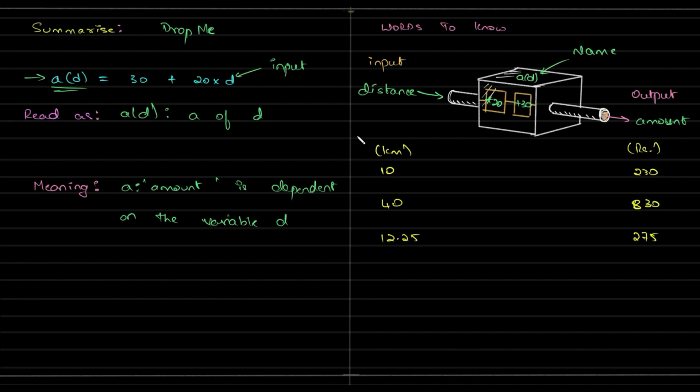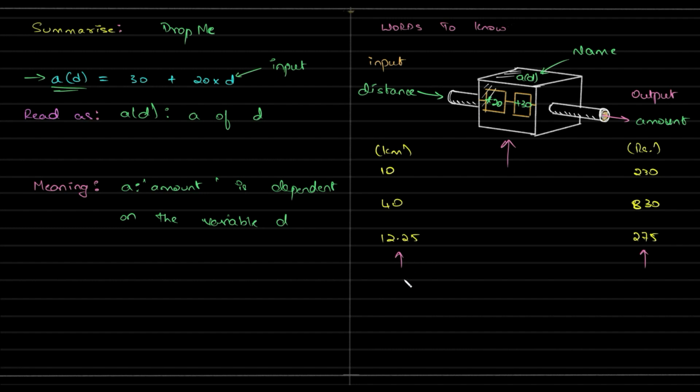Make sense? So this is a basic representation, right? And this is the working. This is your independent variable, that is the input, and this is your output, the dependent variable.